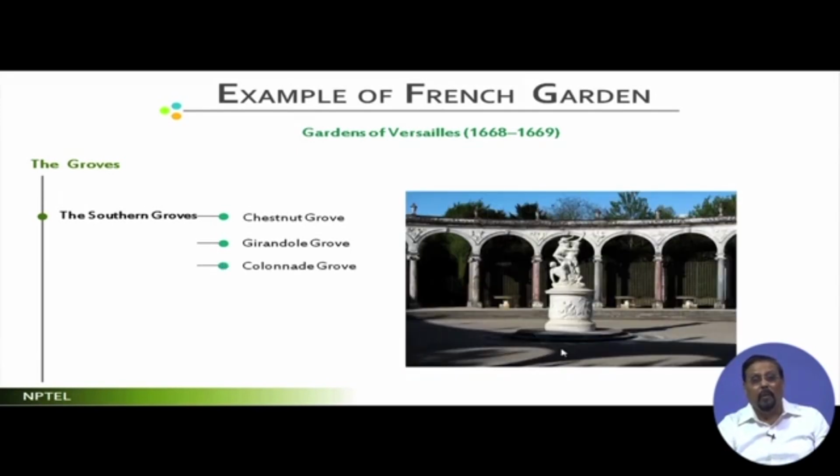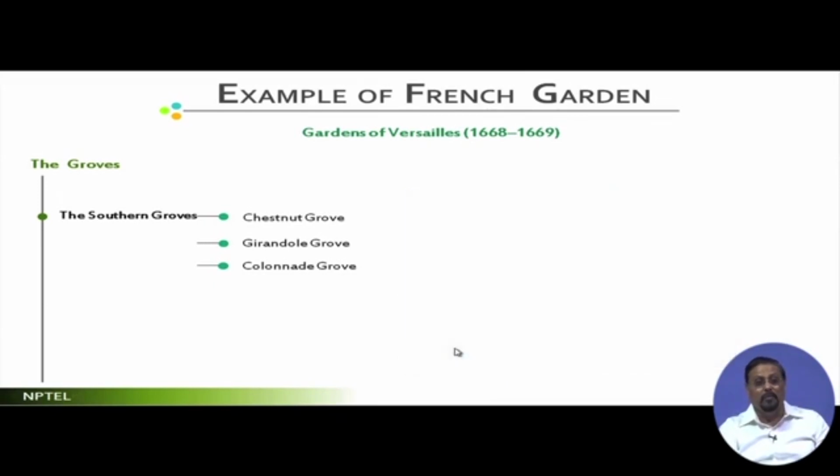Then we have the colonnade grove. Here it's a wonderful blend of architecture and landscape. In the foreground we have a plaza, and then we have the colonnade, and behind we have a series of plantations, which is a grove. So, this is the colonnade grove, that is what gives it its identity.